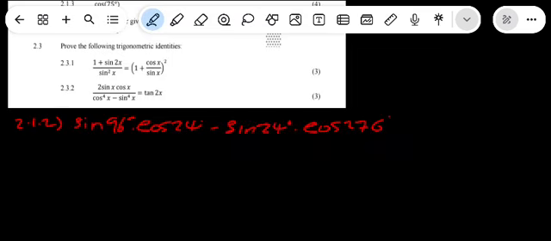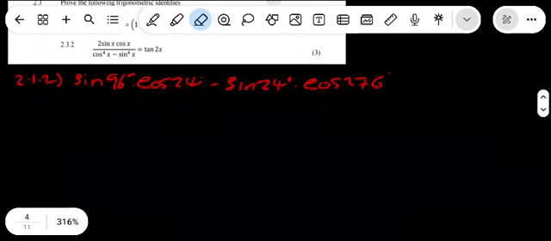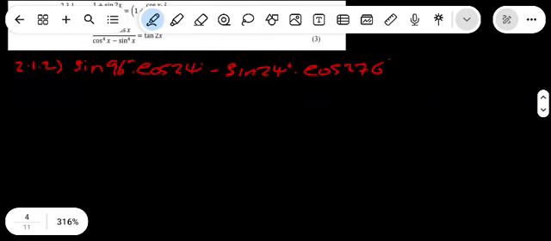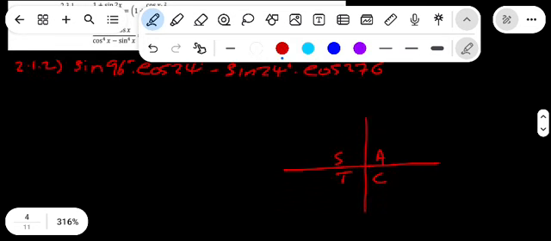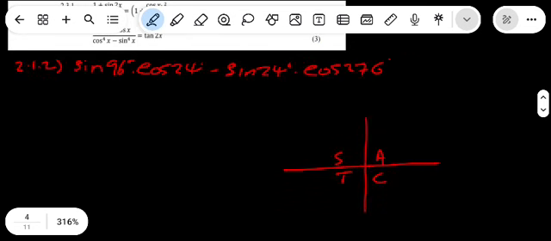You will use the reduction formula. If your angle is greater than 90 degrees, reduce that angle using the CAST diagram. What is the CAST diagram? On the Cartesian plane we have the CAST diagram: All Students Take Calculus. What do we mean by that? All trig ratios in the first quadrant are positive.